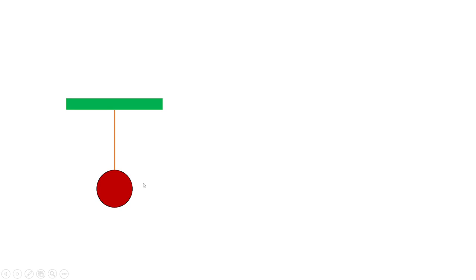So these are all generalized coordinates, a very important concept. By using these generalized coordinates, we can describe the motion of the system easily instead of using Cartesian coordinate systems. Thank you.